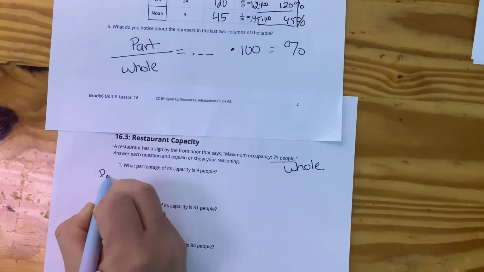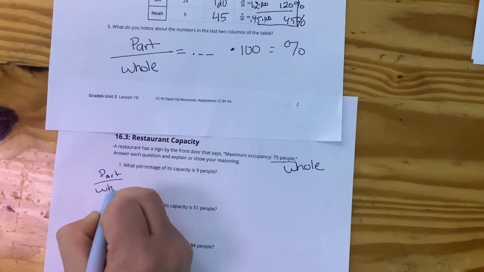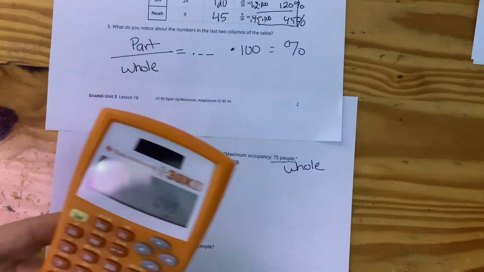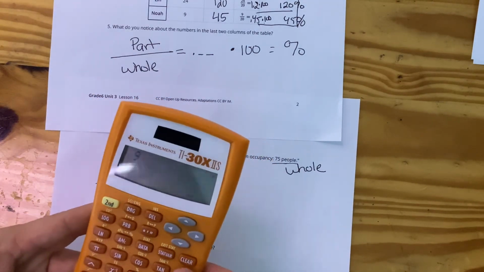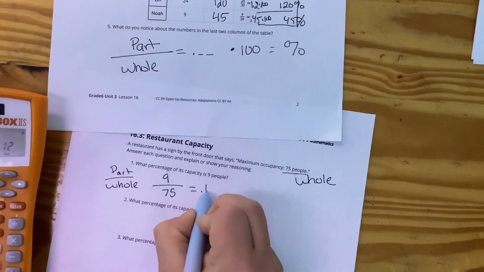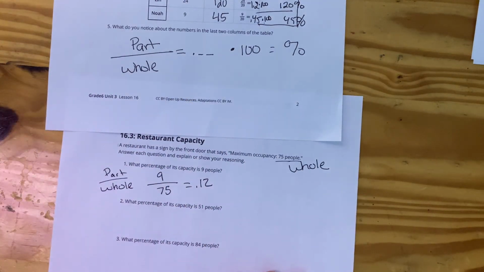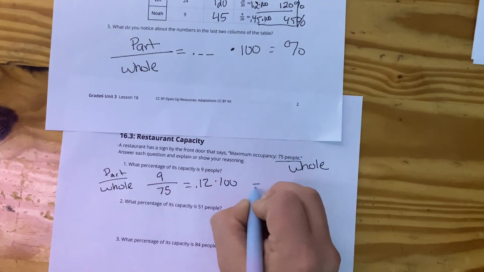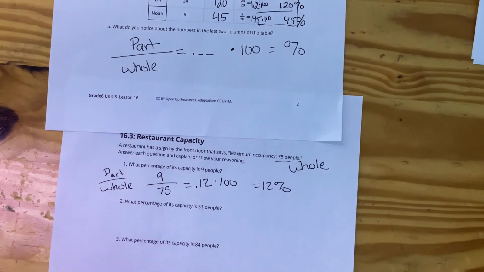So we're going to take our part over our whole, which is 9 over our 75 people. We take our 9 divided by 75 is 0.12, sorry. Then we multiply that times 100 would be 12%.